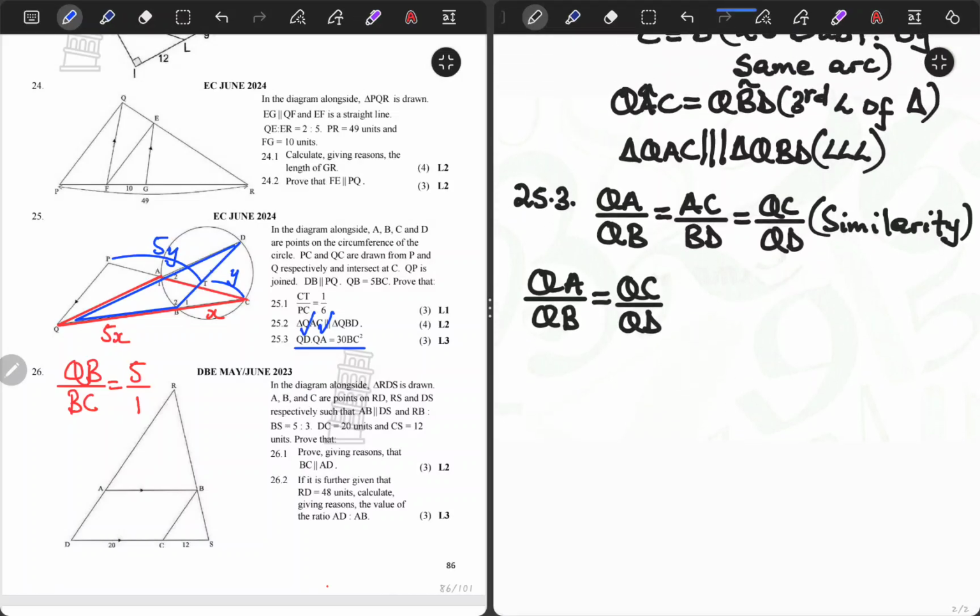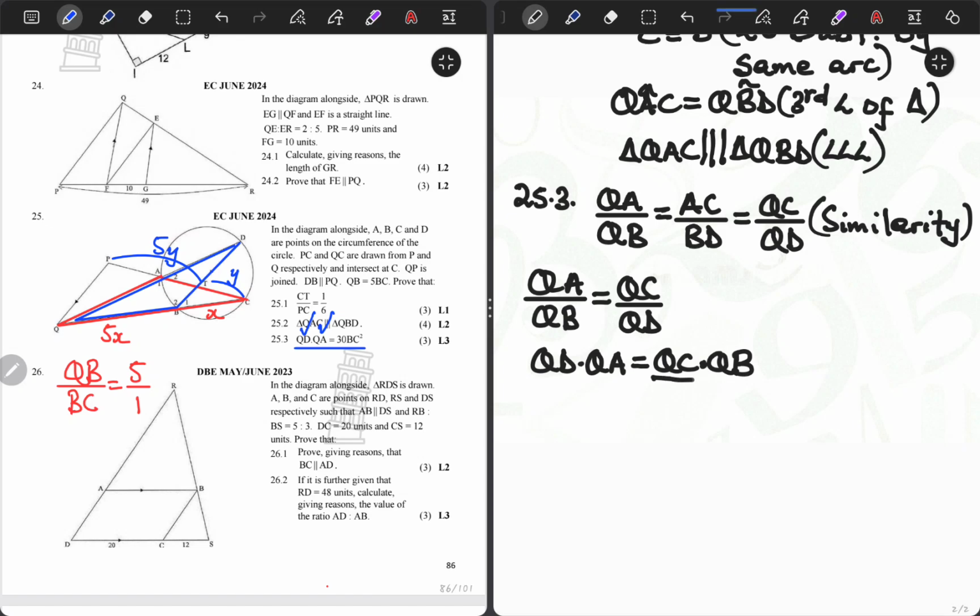Let me cross multiply here. We're going to have QD multiplied by QA equals QC multiplied by QB.